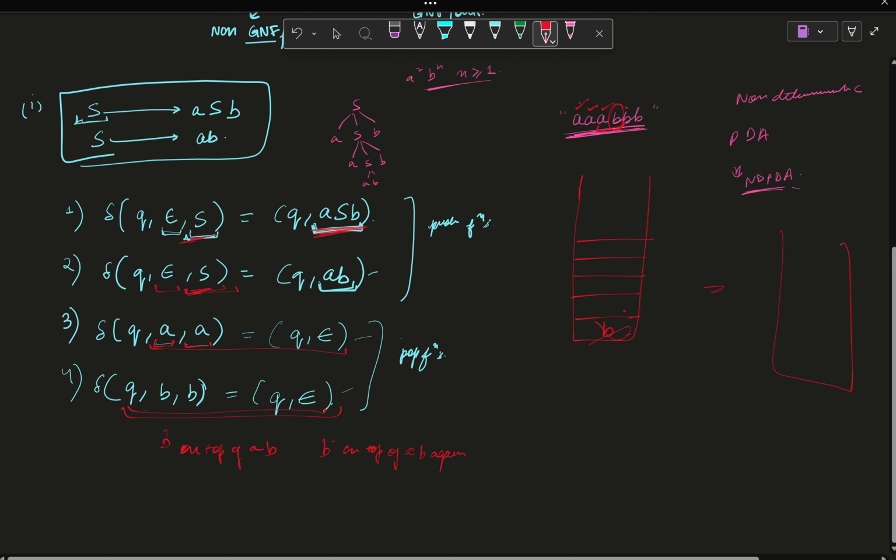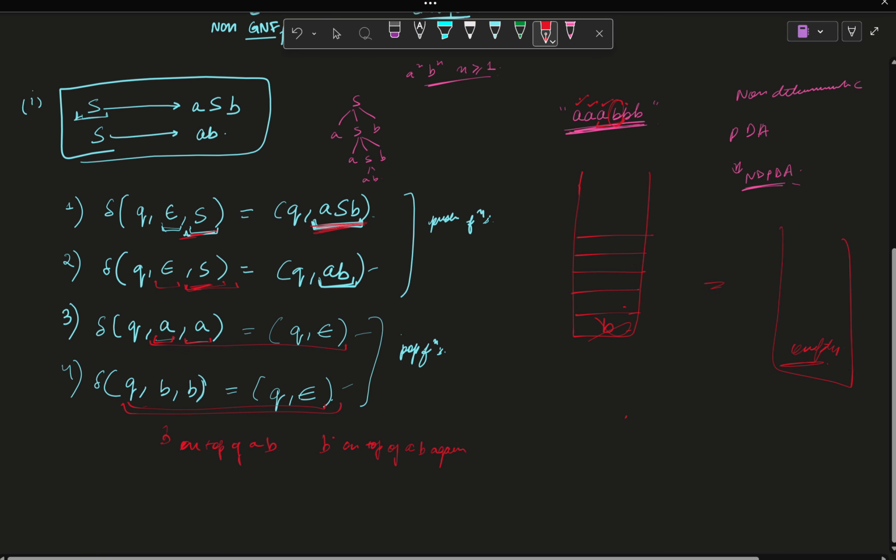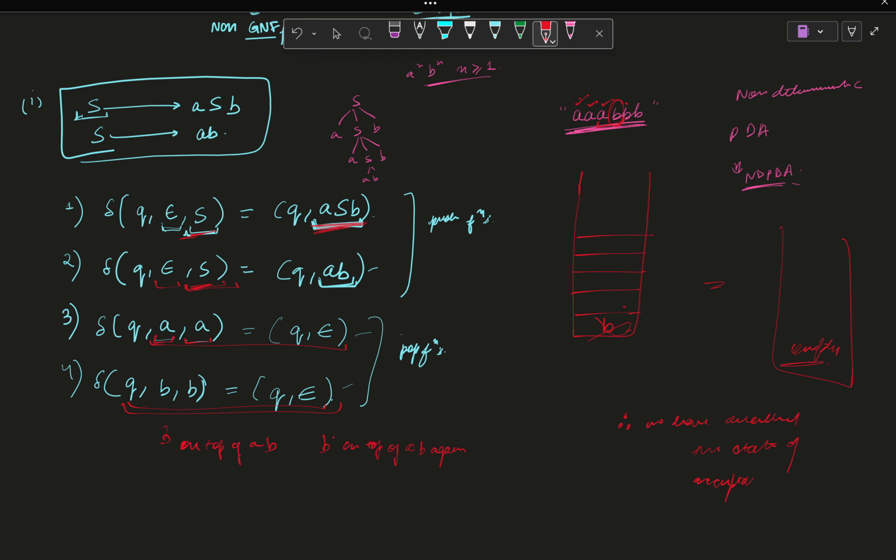So our pushdown automata is empty. Our stack is empty. Therefore, we have reached the state of acceptance. So when our stack is empty, we can say that we have reached a state of acceptance and there is nothing left to process now, and we have already accepted the string that is given to us.